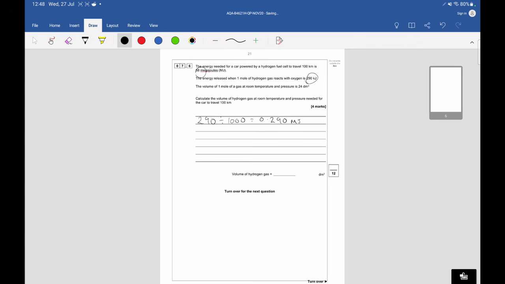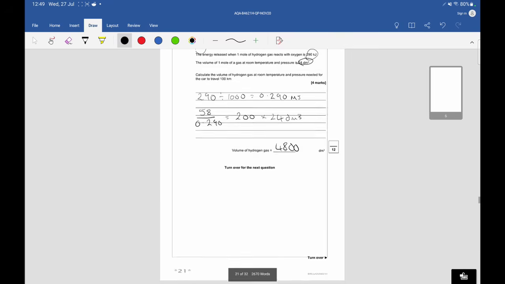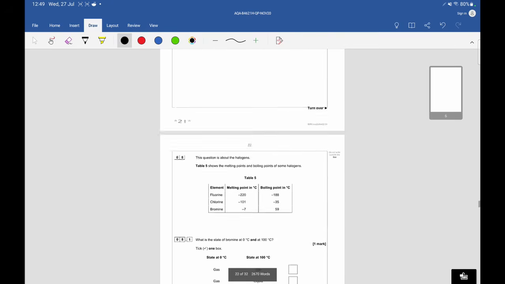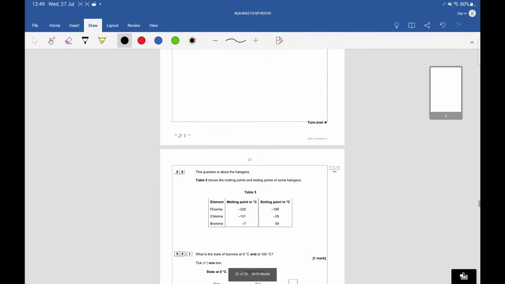We're then going to do 58 megajoules divided by 0.290 to give us how many times they go into each other, and that should be 200 times. So we need 200 lots of 1 mole, and each mole takes 24 decimeters cubed. If we multiply those by 24 decimeters cubed, it will tell us that we need 4,800 decimeters cubed in order to use those. And that's what our answer should be to question 7.6.